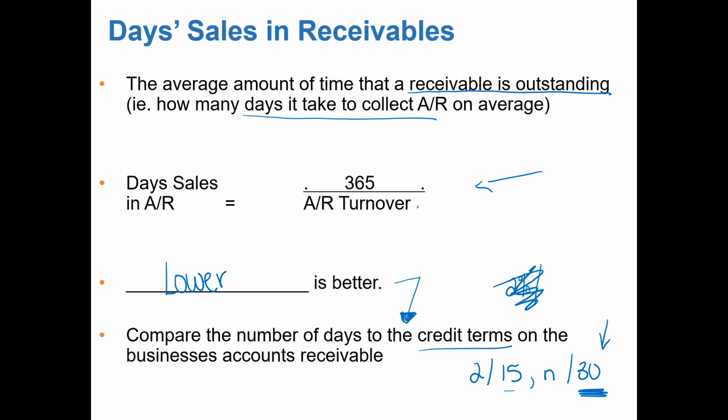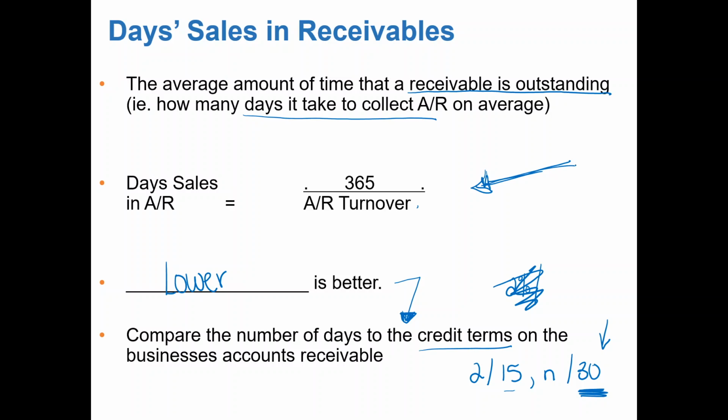So this is what you would compare your days sales in AR to. In this case the customers have 30 days to pay. If you're below that when you do your calculation, that's good, because it means your customers are paying more quickly than they're actually required to.